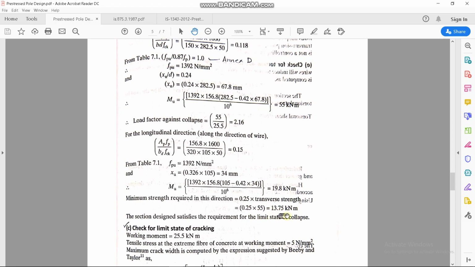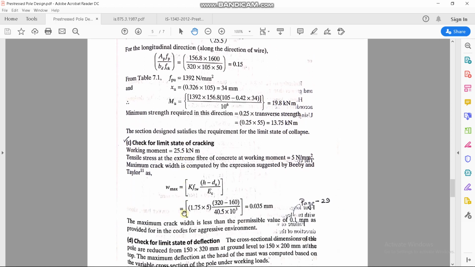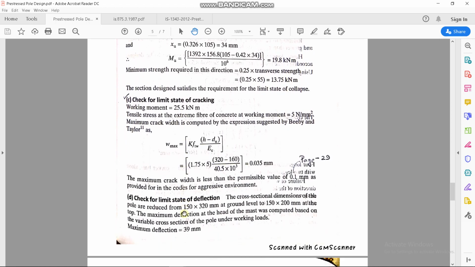Obviously this is the minimum strength required in the other direction, and you already have a value of 19.8 which is greater than this one. So the section that you have designed satisfies the requirement for the limit state of collapse. Okay, so now coming to the next step, that is check for limit state of cracking.